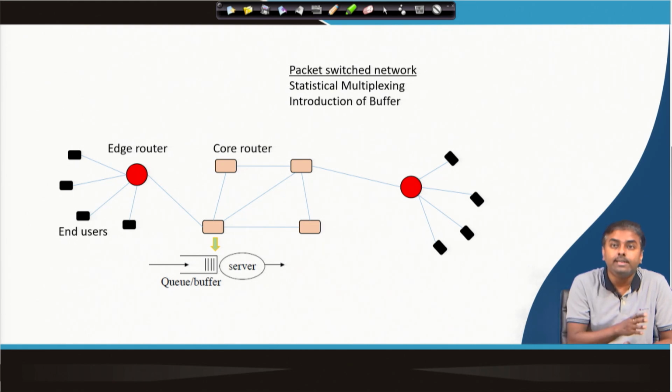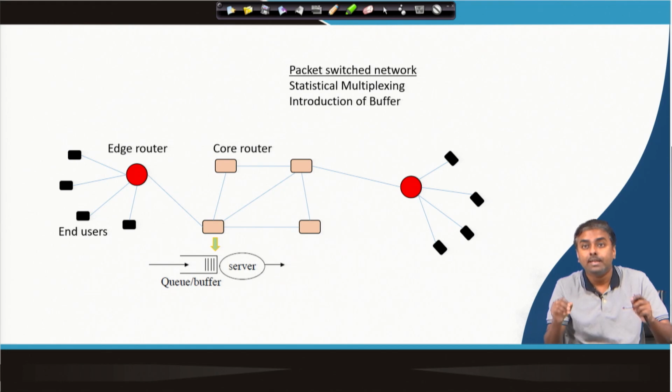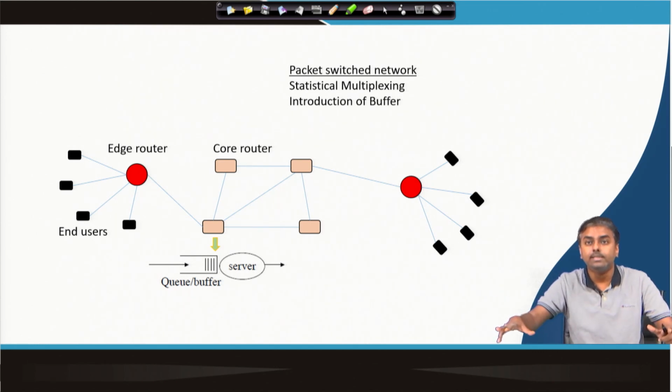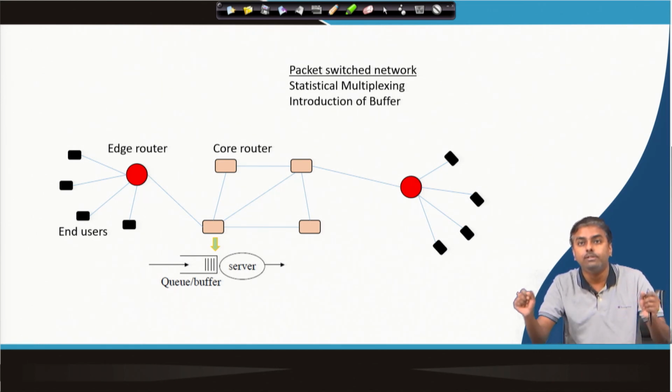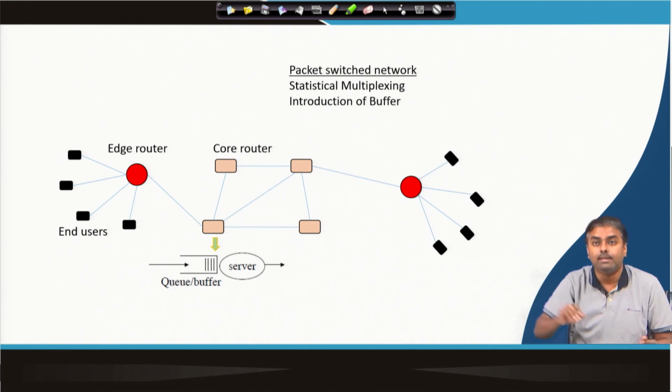And remember, earlier, that is the main difference between circuit switch and packet switch: in the initial part of a circuit switch network you actually construct the circuit. Once the circuit is constructed, that circuit is exclusively for you. So, suppose you have created a 64 kbps link from end user to end user, that means actually you have reserved slots in TDM.